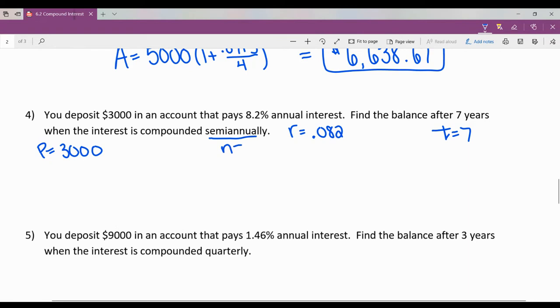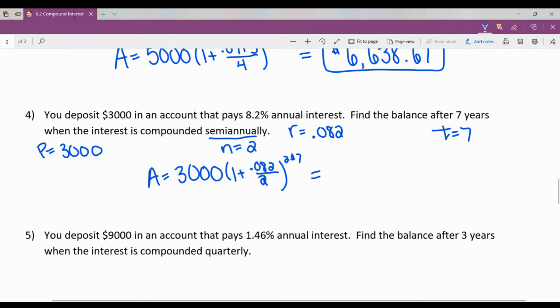Semi-annually means it happens twice per year. So n is 2. So my amount in my account is going to equal 3,000 times 1 plus my rate, which is 0.082 divided by n, which is 2, raised to the n times t, 2 times 7.